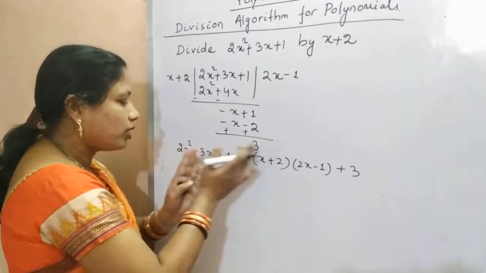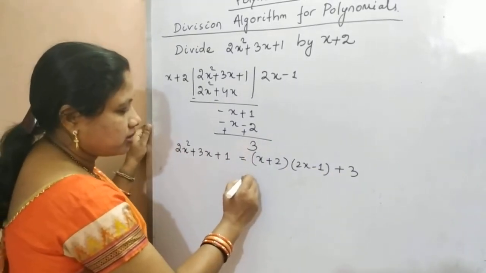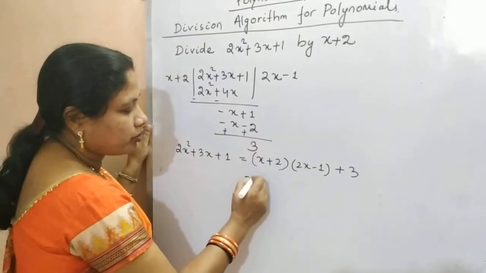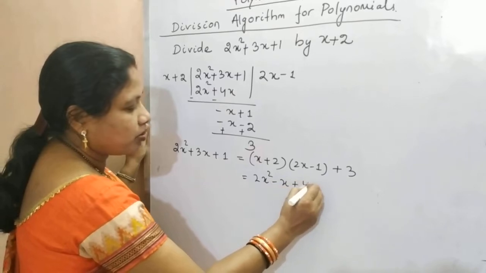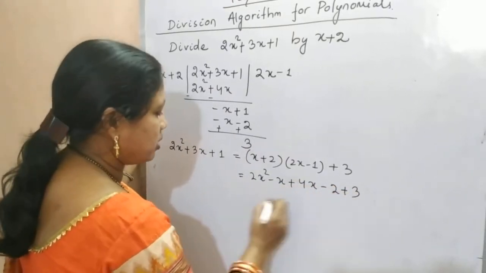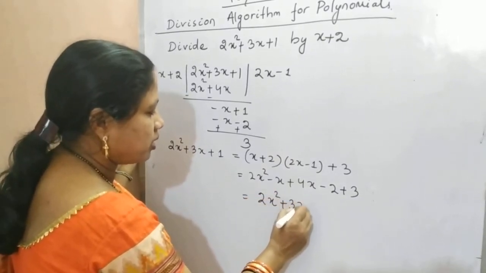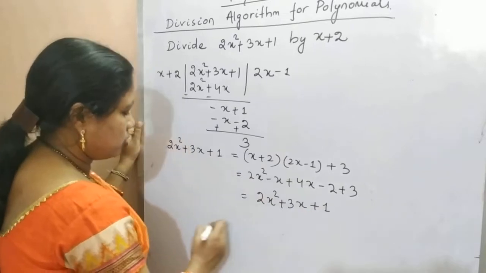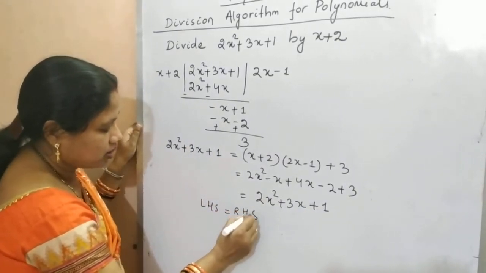Whether the right hand side will be equal to left hand side or not, we will prove it. So we have to multiply these two polynomials, then 2x square minus x plus 4x minus 2 plus 3. So this becomes 2x square plus 3x plus 1. So LHS is equal to RHS.